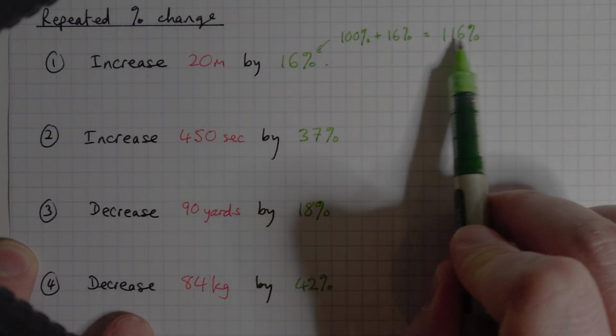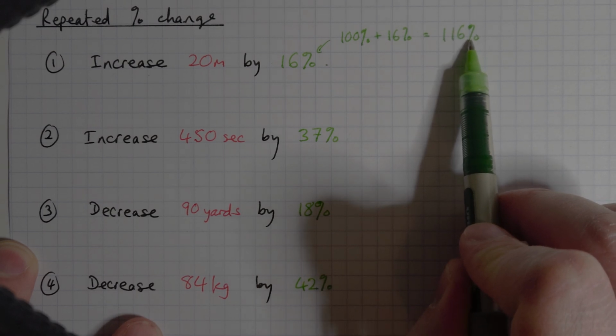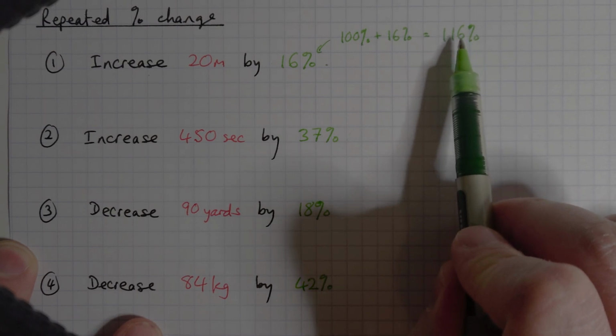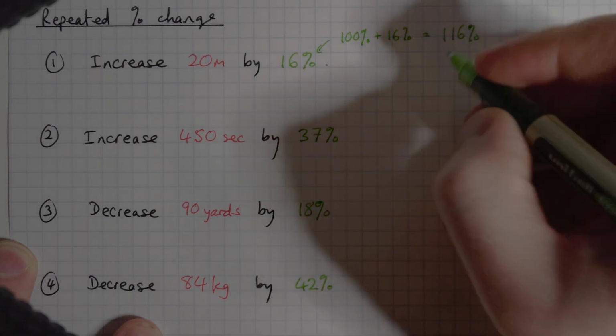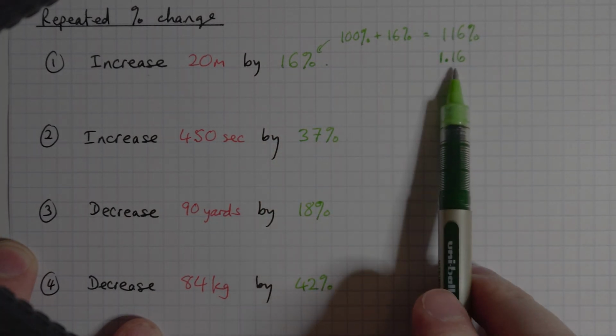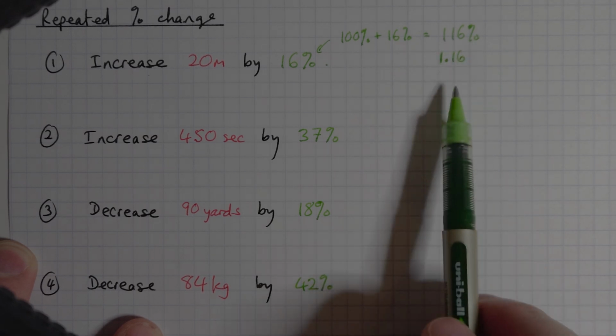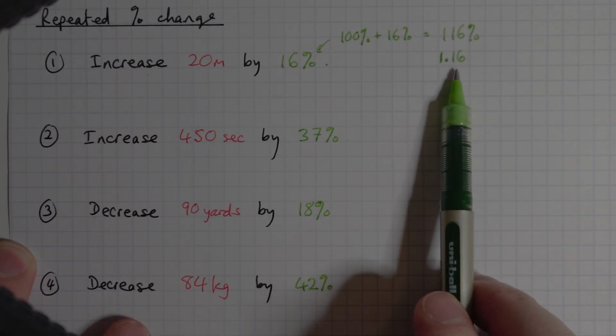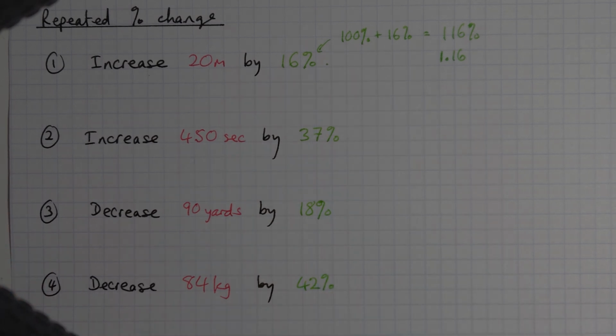Now this 116% as a decimal, you turn percentages into decimals by dividing by 100. So as a decimal, this is 1.16. That is nothing more complicated than the number 116% written as a decimal. We call it a multiplier because that's exactly what I'm going to do. I'm going to use it to multiply.